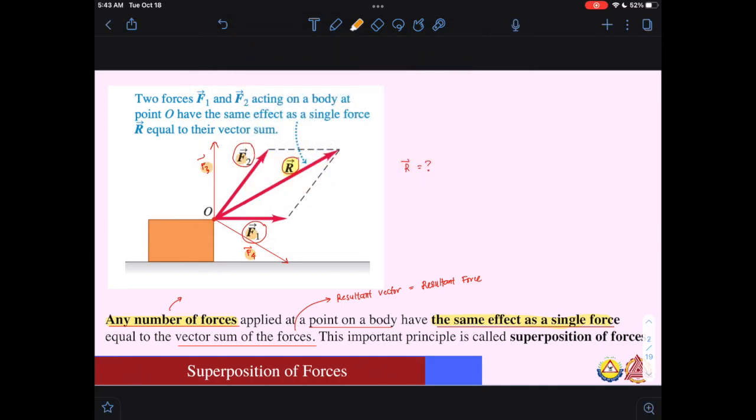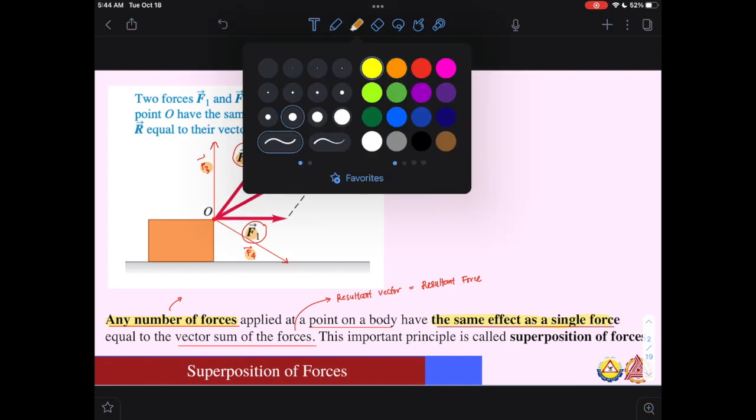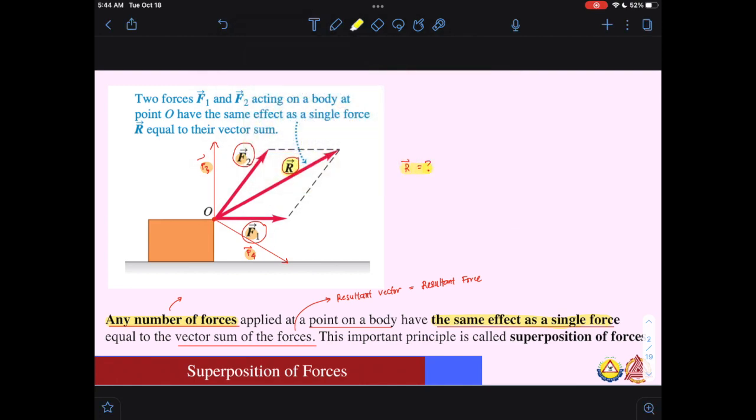I will just find the resultant force or the resultant vector, and then I will analyze the problem using the resultant vector, because according to the superposition of forces, it seems as though it has the same effect as a single force, and that single force is your resultant force. So again, that principle is the superposition of forces. It helps us simplify things. Instead of dealing with all the forces, we will only deal with the resultant vector or resultant force.